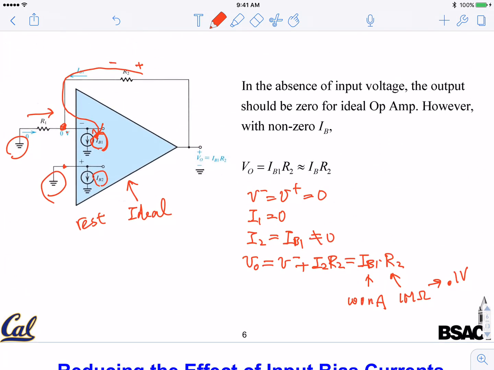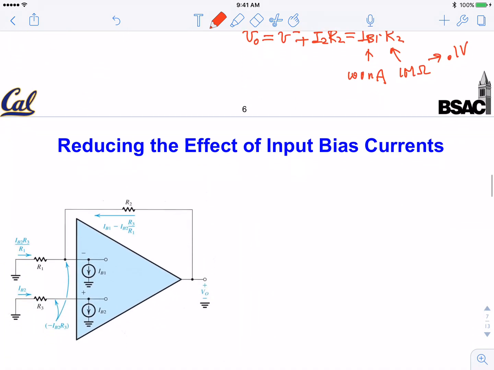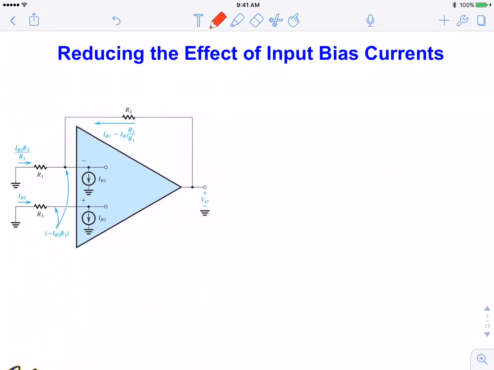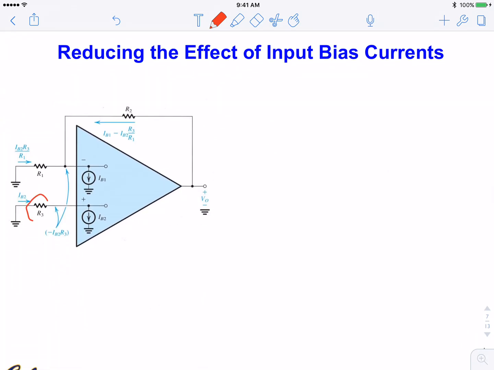You minimize it by adding a feedback effect. So you add a resistor in this path here. In other words, we add this R3 here. So this is a new element we added to the system, and we'll see how it helps us moderate this effect.